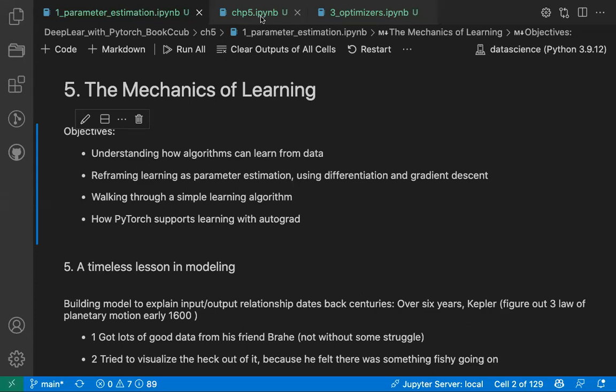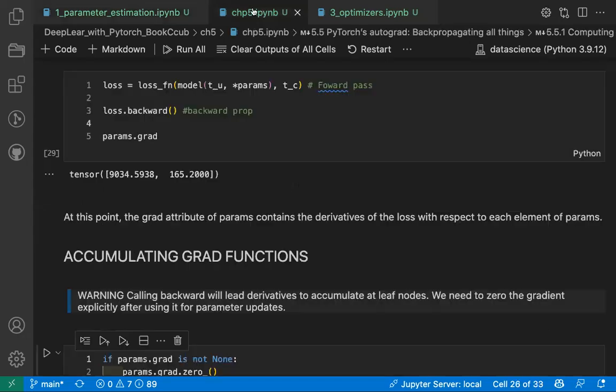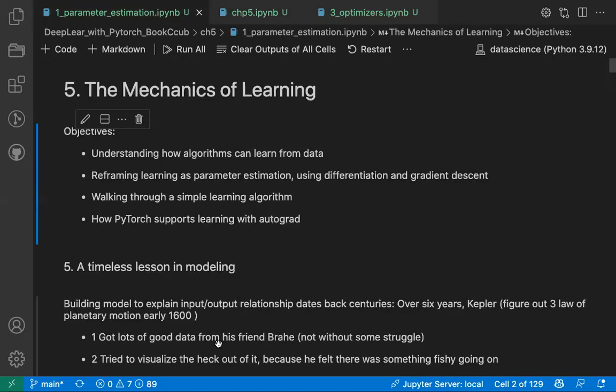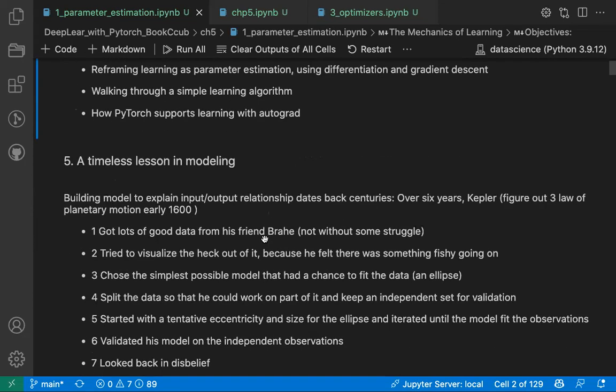So you don't need to worry if you are not familiar with differentiation and derivatives and stuff like that. When we come to the section where we will be using PyTorch autograd, then you'll be fine. Just a housekeeping note: this first session is boring, and it just lays a foundation for the next step. So let's get started.